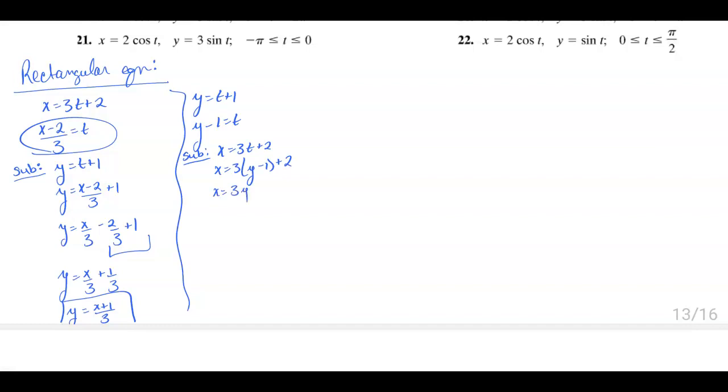And it's going to give us the same equation if we were to solve this for y. So let's go and do that. So x equals 3y minus 1. So to solve for y, we would add 1 and then divide by 3. So you see, you're going to get the same equation either way. You can approach it from either side. But the goal is to solve one of the equations for t and then substitute into the other equation. So that's how you get the rectangular equation.